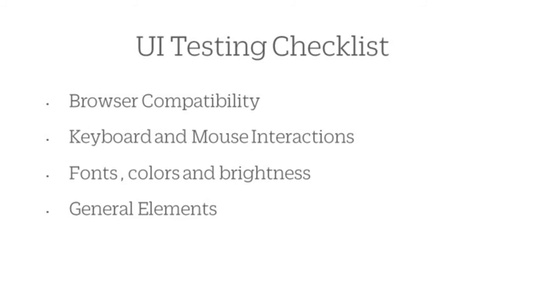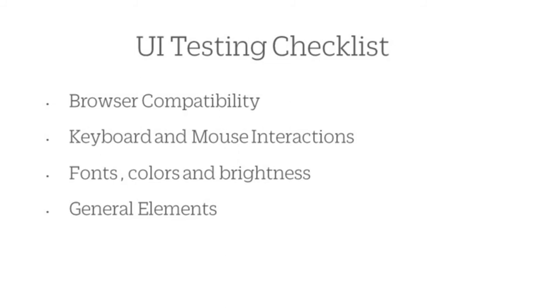The next point is about the font, using font colors and brightness. As an example, if we are using a link text, it should be identifiable among the other text. So we can make it underlined or change the color of the link. Doing that, we can distinguish the link text from the rest of the text area.